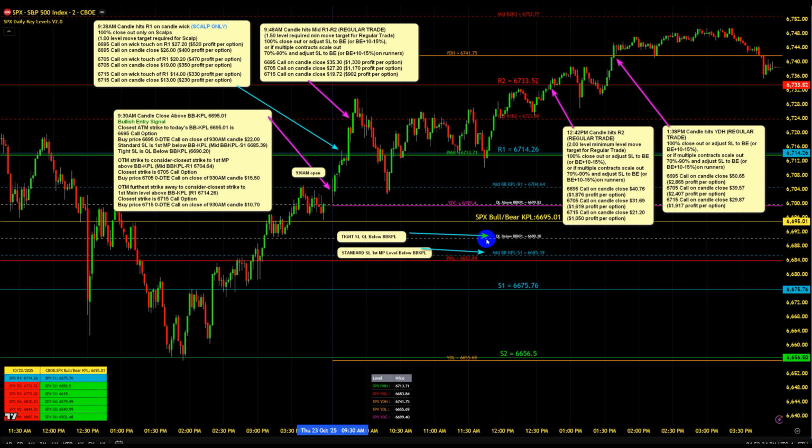So in this case, for a bullish trade off of this level, you use either this level for the tight stop loss or this level for the standard stop loss. However, once the trade starts going in your favor and you're doing a regular trade, if you're not going to close out your trade, you have the opportunity to adjust your stop loss.